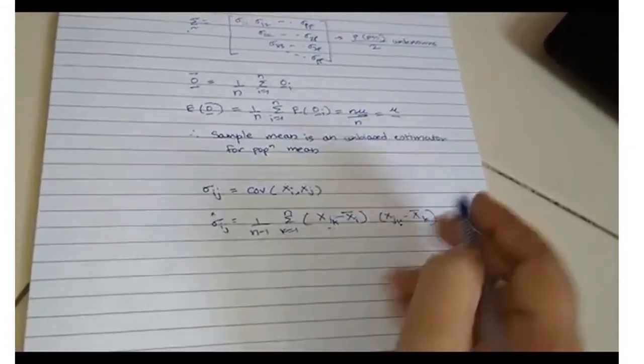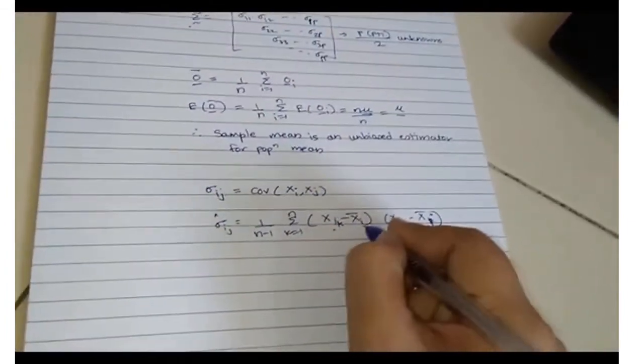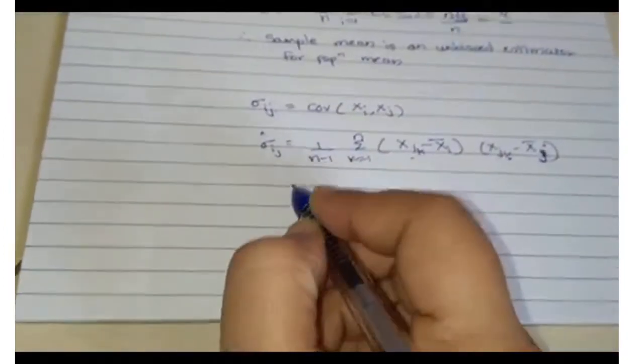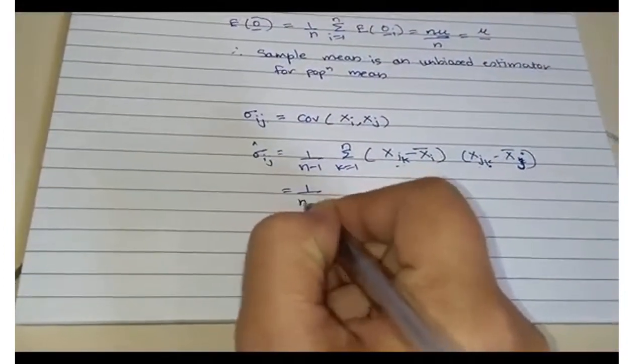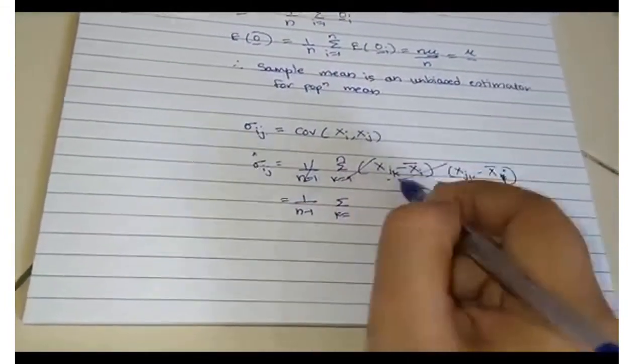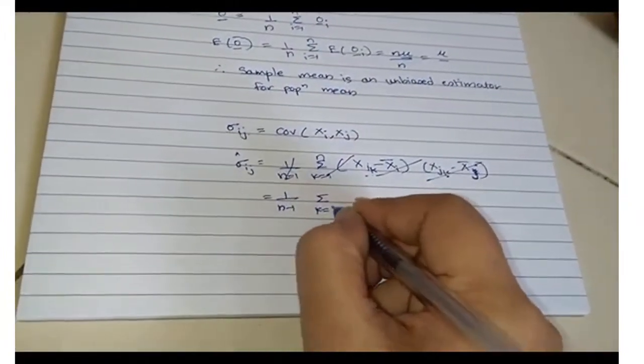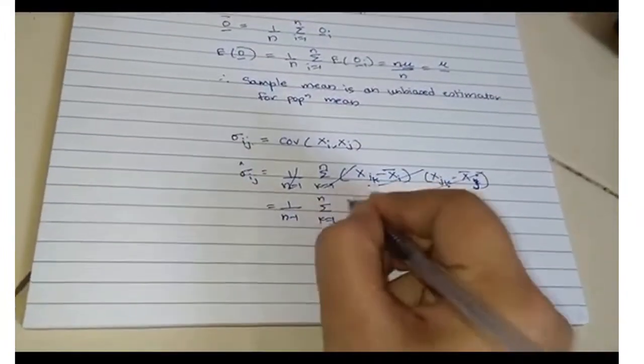It is better to write in terms of Oi, Oj, so it would be easier. If you are getting confused with the notation, just ignore this. I have 1 upon n minus 1, k going from 1 to n.